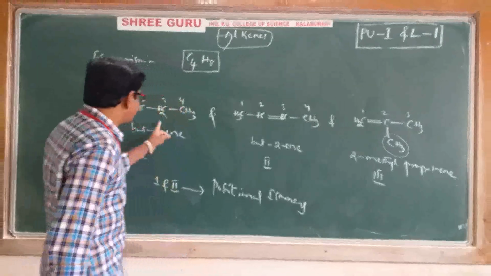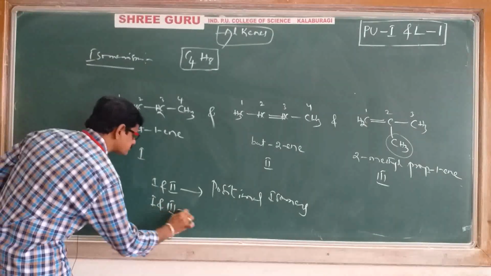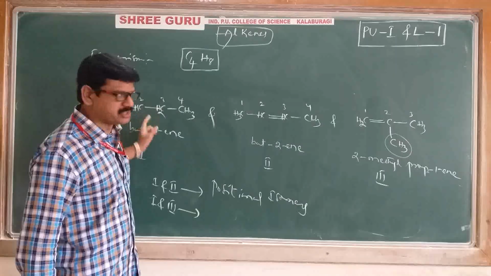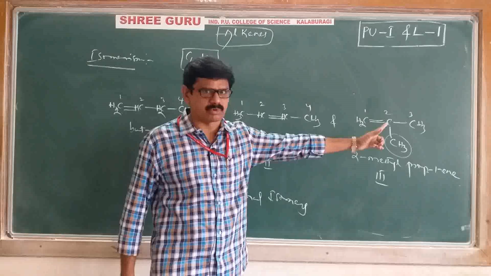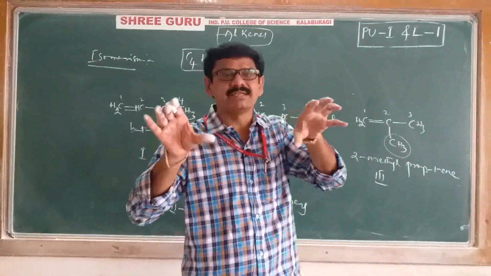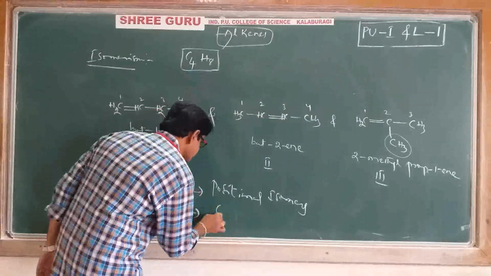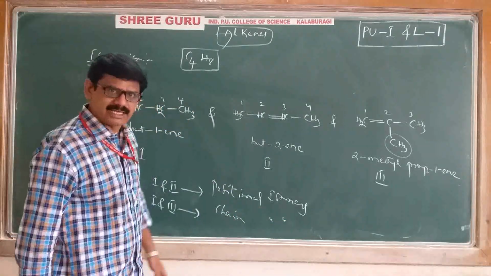Next, 1 and 3 will compare. See here, in the parent chain we will have 4 carbons. That's why its root word is but, but their parent chain has only 3 carbons. Its root word is prop. Both have a different parent chain. That's why definitely we can say they are chain isomers. 1 and 3 are surely chain isomers.